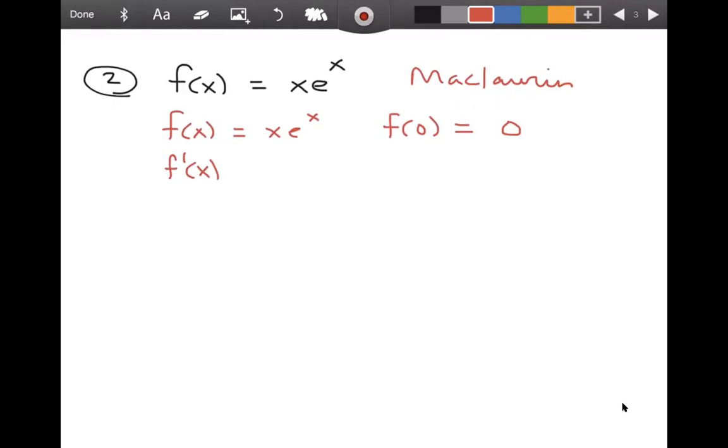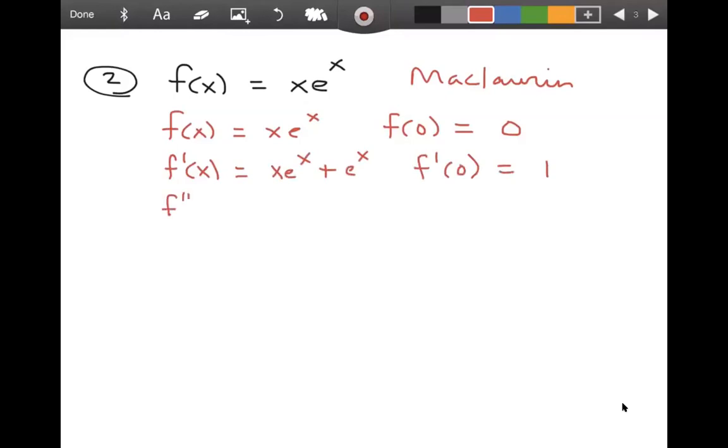All right, so by the product rule, the derivative of x e to the x is x e to the x plus e to the x. And at 0, that is equal to 1, right?